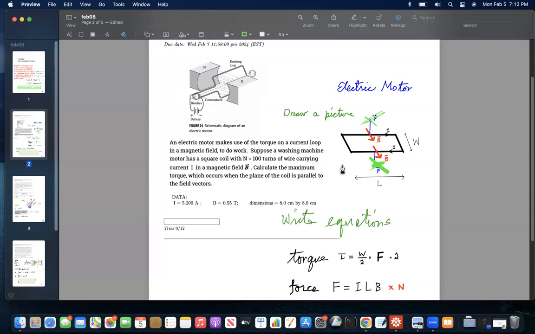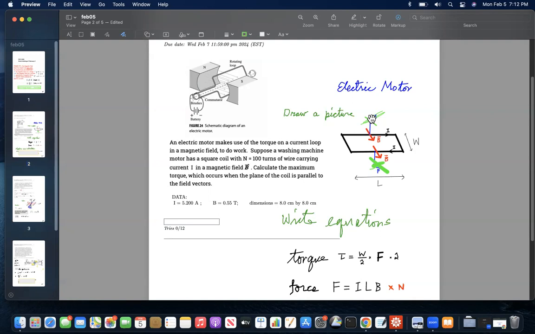So you see you have a force in one direction on one side, a force in the other direction on the other side, and that's going to be a torque. There's no net force because the force over here exactly cancels the force over here. So the total force on the coil is zero. But the forces are separated.